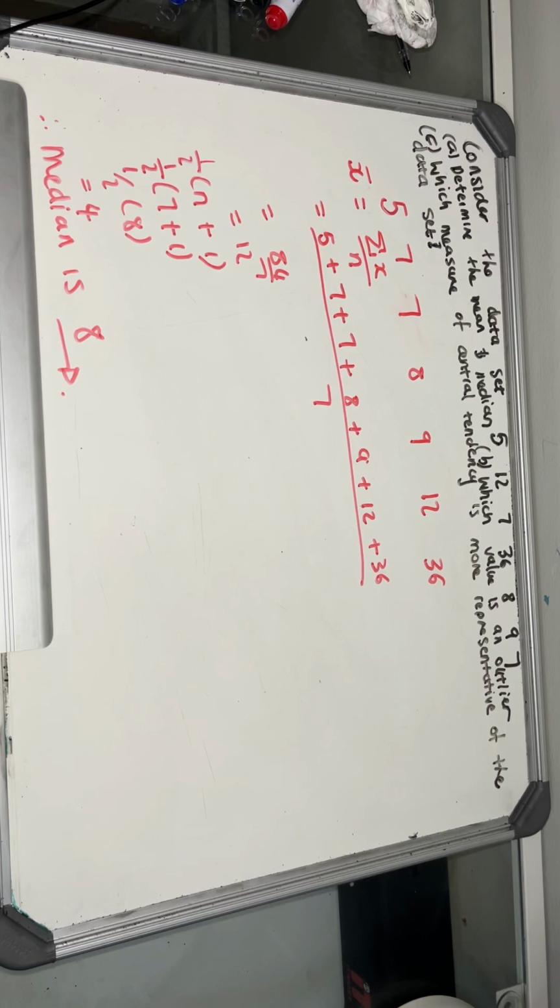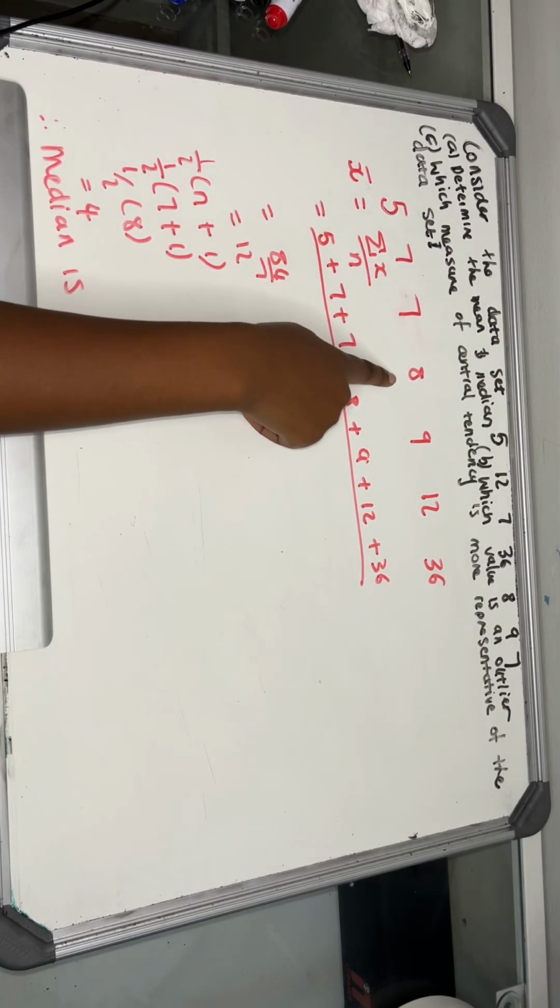So this is the answer. The outlier has inflated the mean. It is therefore not a good value to use as a measure of central tendency. The median is not affected by the outlier and is therefore a much better measure than the mean. Whether there's an outlier or not, it does not affect the median, which is 8.